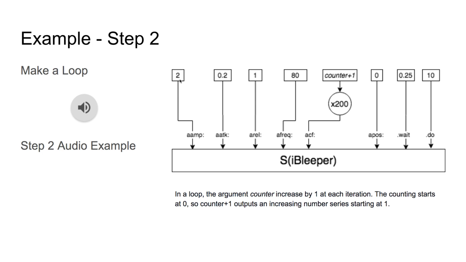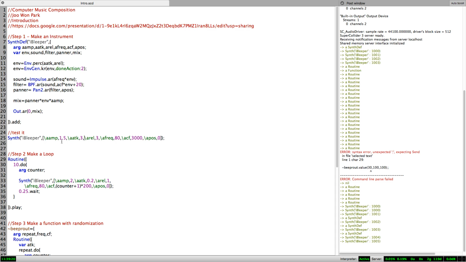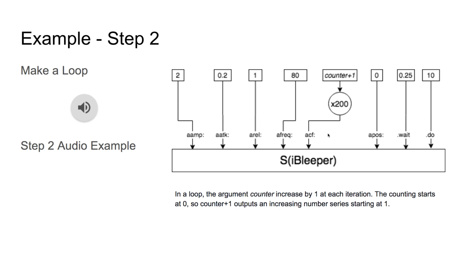And they will have basically the same numbers for amplitude, attack, release, and the frequency of the impulse generator. The only thing that will change is this part: counter plus 1 times 200 will change the center frequency. So it's going to open the filter in a specific way. So let's actually talk about counter plus 1.